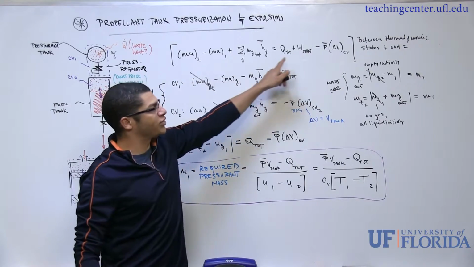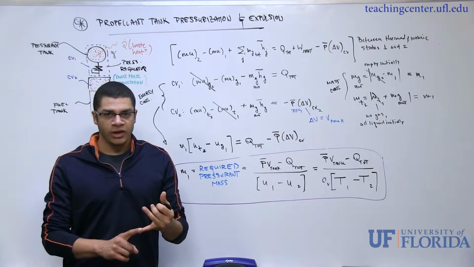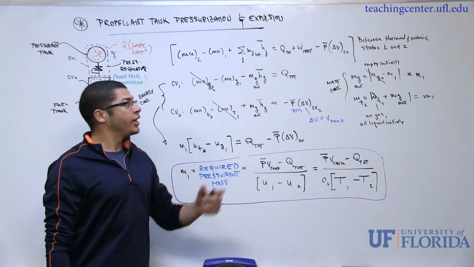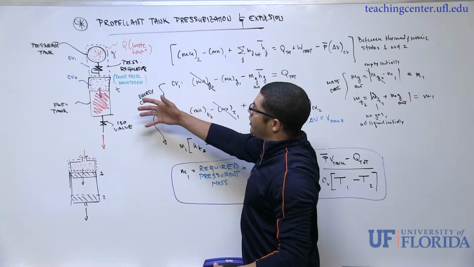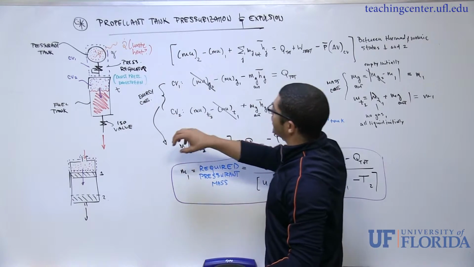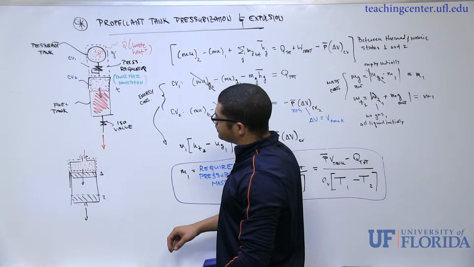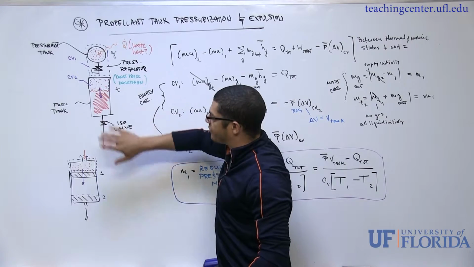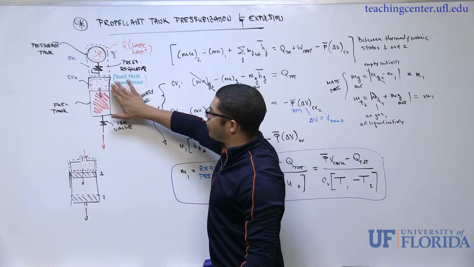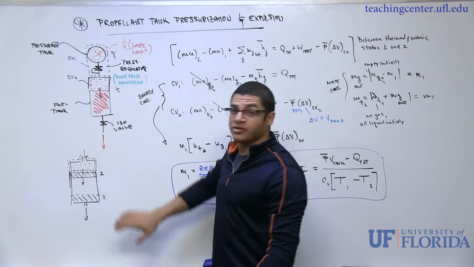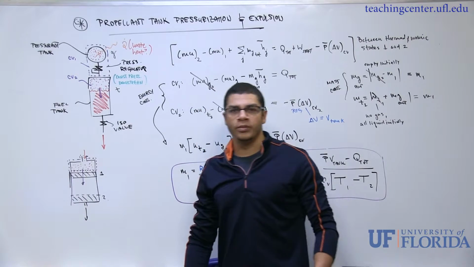So what I want to do is take this general form of the first law for an open system with a deformable boundary and apply it to this more specific example over here, which I've listed up top: propellant tank pressurization expulsion. I mentioned before that this lower half of our setup, downstream of the pressure regulator, we can model as a piston cylinder assembly with an inflow and then the bottom boundary of the control volume being movable.